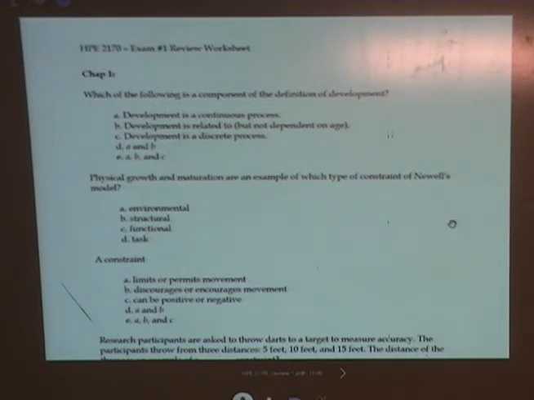Is it the only component? I'll say D. Yes, right? Development is related to age, right? But it's not dependent on age.